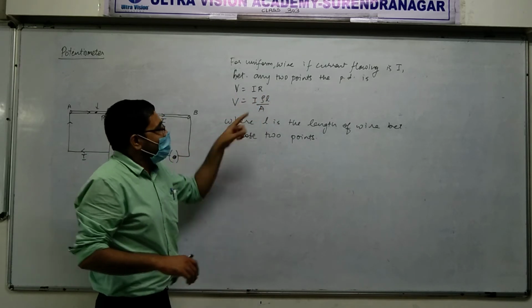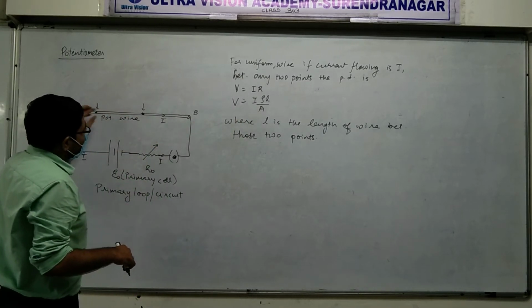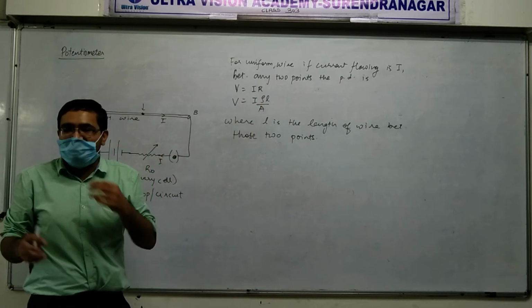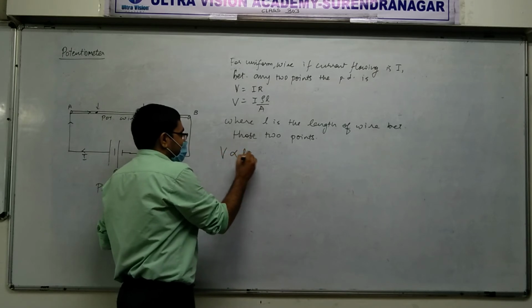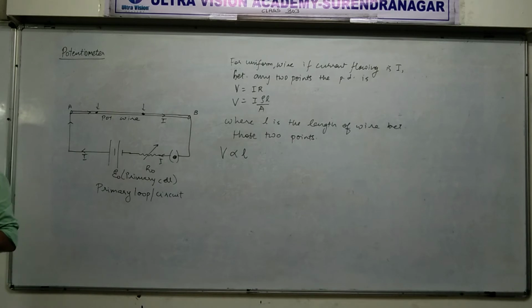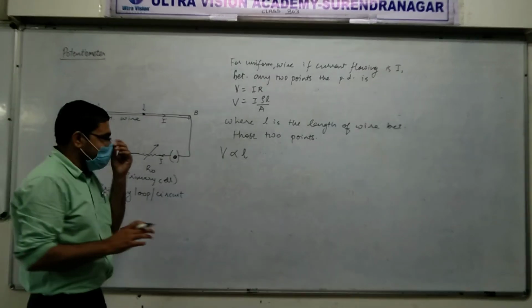So ultimately, if current I is flowing same everywhere, if it's a uniform wire, then A is same everywhere, rho is also same everywhere. Then that would be V is proportional to L. Understood? Look at it.